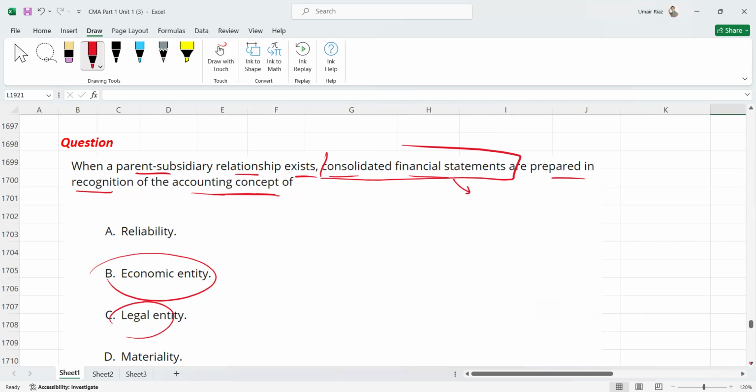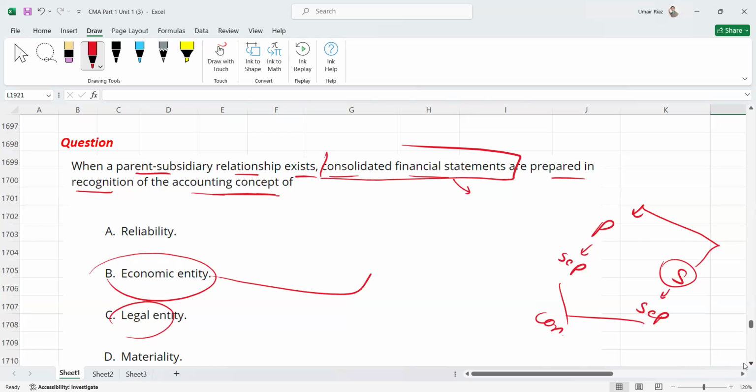Legally, parent is a separate company and subsidiary is a separate company. But when we prepare consolidated financial statements, we assume that this subsidiary is one department of parent, and we assume parent and subsidiary as a single economic entity, as if they are one entity.